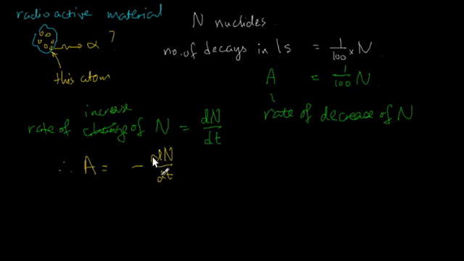So if dn is negative, we have to put a minus sign so that this becomes positive, and then we can compare it with A, which is the rate of decrease. Since A is actually minus dn dt, I can write down a differential equation now. Minus dn dt is equal to 1 over 100 n.